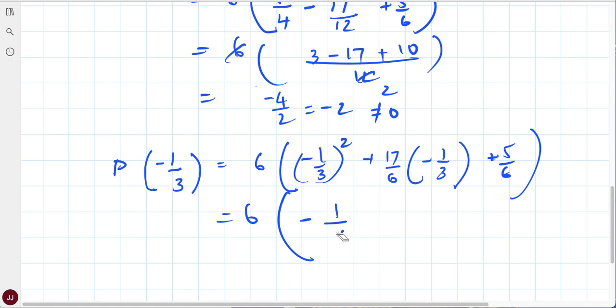Square term, so 1 by 9, and this becomes minus 17 by 6 3s are 18 plus 5 by 6.